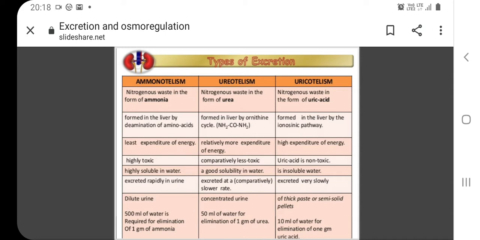It is non-toxic. It is insoluble in water. It is excreted very slowly. It is excreted in the form of semi-solid, paste-like form or in pellet form.